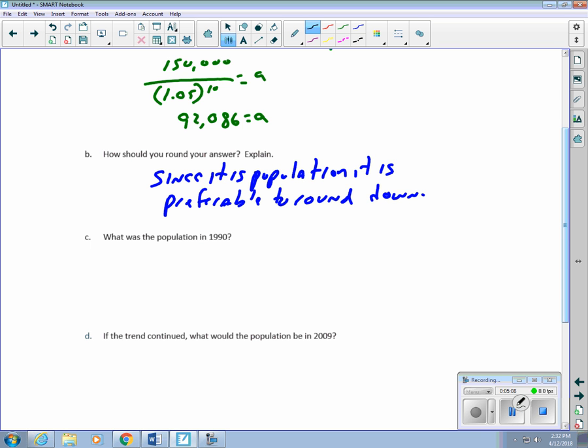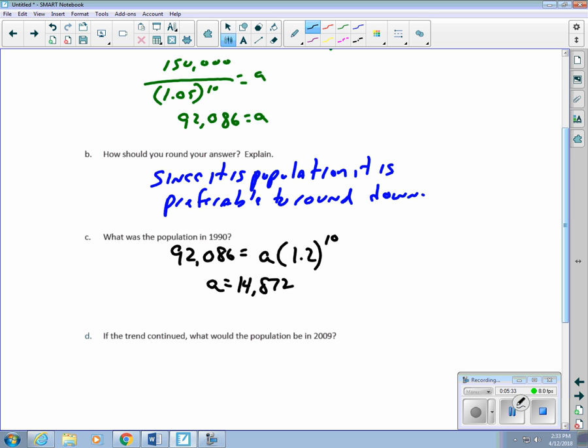Now, what was the population in 1990? So now I'm going to start with my 2000 population. And since I was growing at a higher factor, I've got to use 1.2. And when I do that same math, I get 14,872.